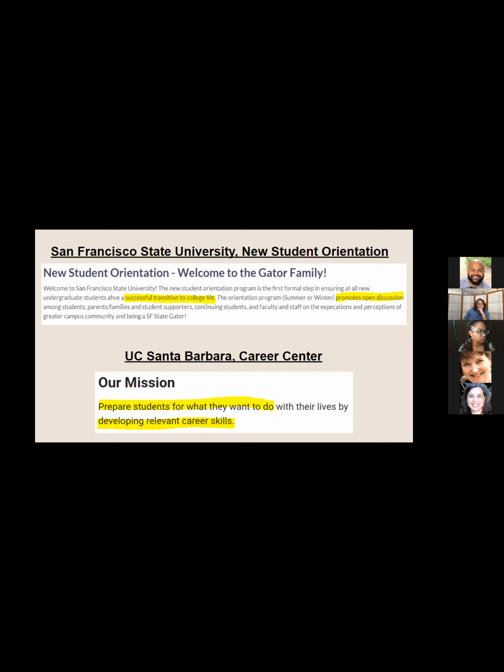So I highlighted two things here. First, they are looking to help students successfully transition to college life. And then they're also looking to promote open discussions about the expectations and perceptions around the campus community.